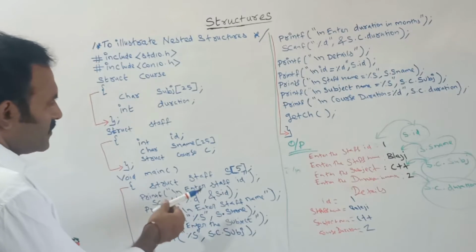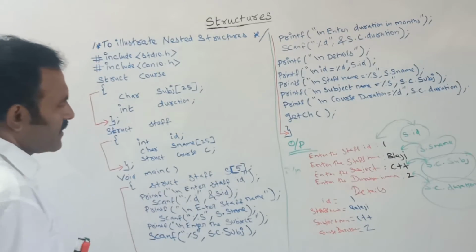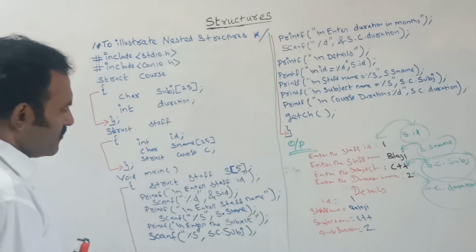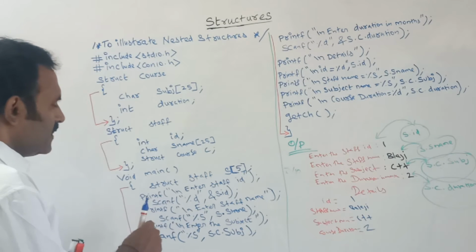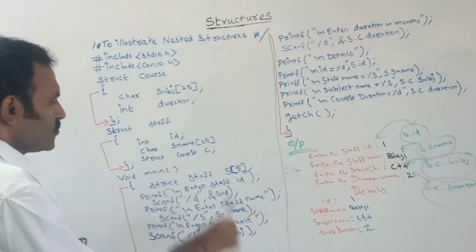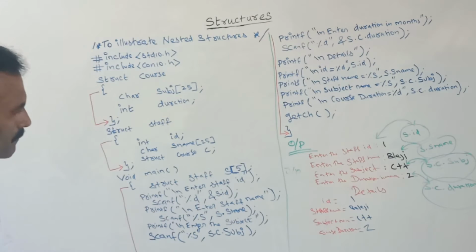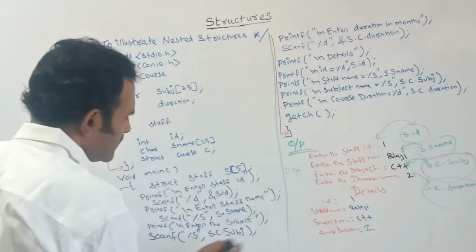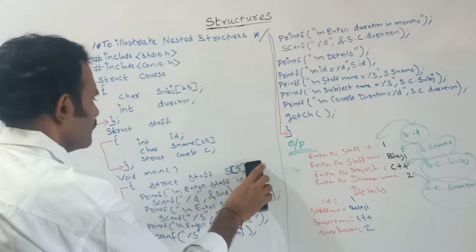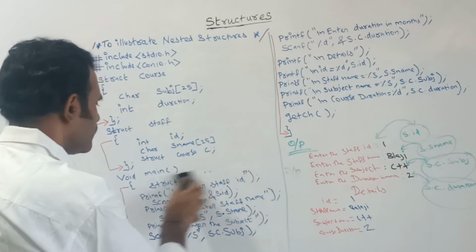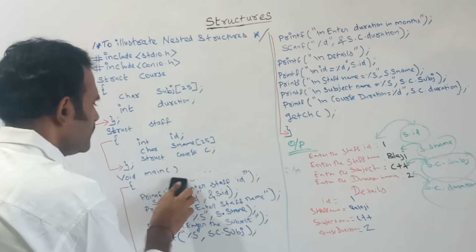Suppose we want to store the 5 records, then we should use a loop, any one of the loops. With the help of this loop we can store the multiple records. For example, let us take a for loop. Very simple. Here we should use one for loop for storing the multiple records.